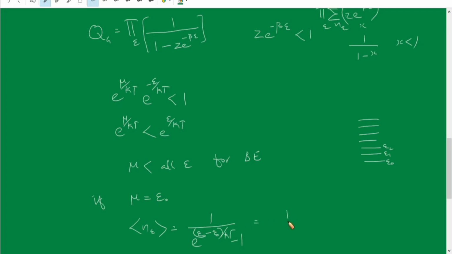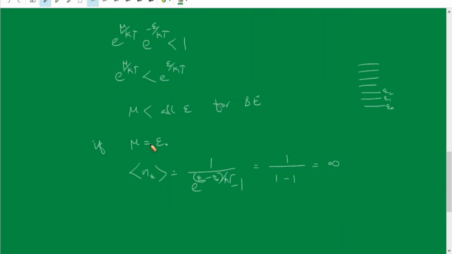This is equal to 1 divided by e raised to 0, which is 1, minus 1. So this becomes infinity. If mu is equal to the lowest energy level, then the occupation number of that level is infinite. That means an infinite number of particles are present in the lowest energy level.